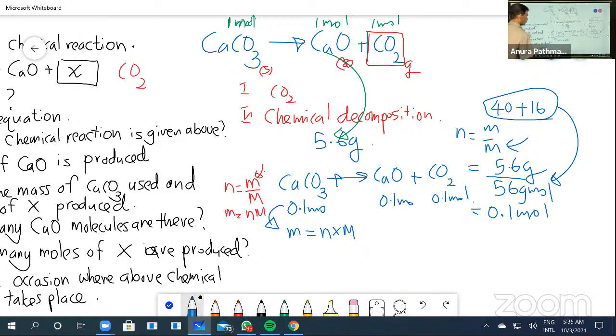Then we have n as 0.1 and capital M of calcium carbonate, which you have to find: calcium 40, carbon 12, oxygen 3 times 16 is 48.